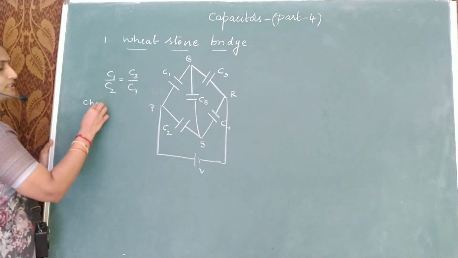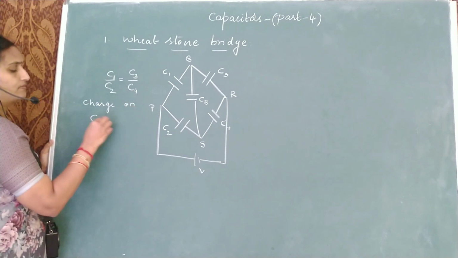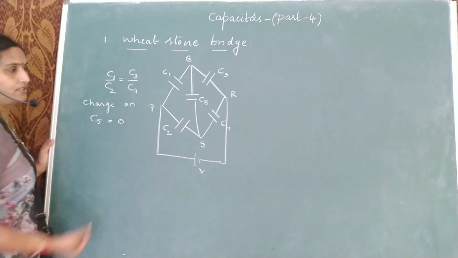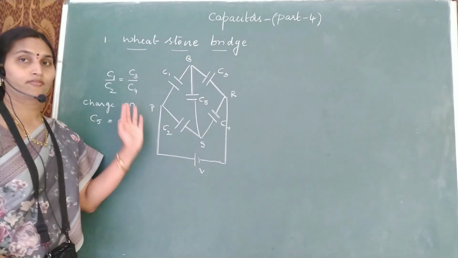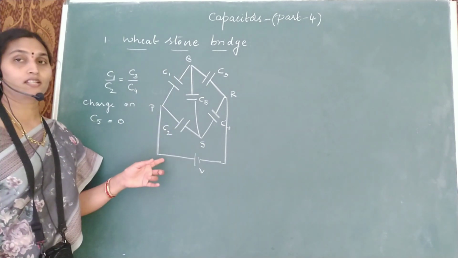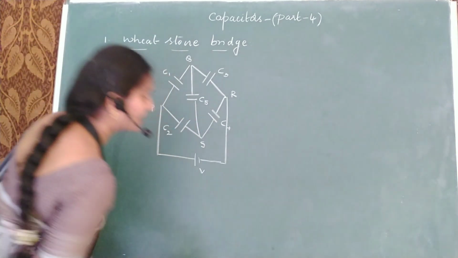Then the charge on C5 would be 0. And if there is no charge stored in this vertical capacitor, whenever you get a system of these 5 capacitors in the form of a Wheatstone bridge, you can remove this central capacitor.